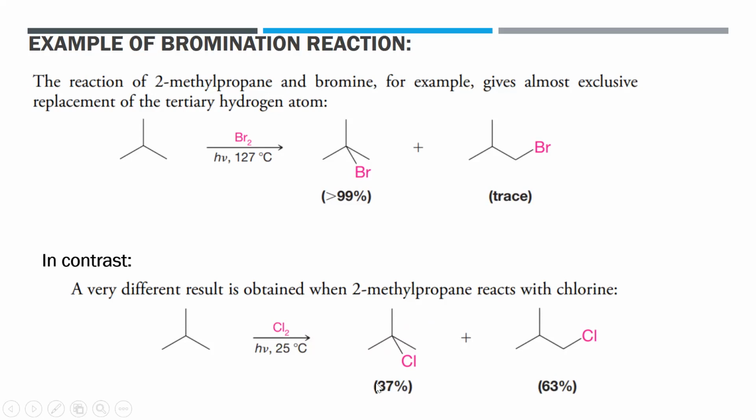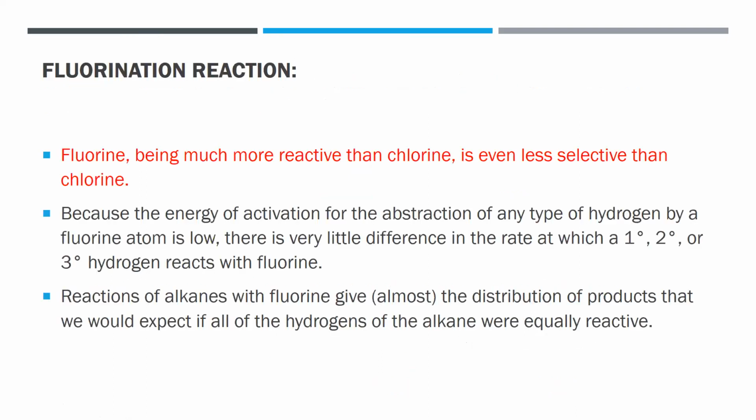But we actually get a higher proportion than 10% as predicted, for the reason that the 3-degree radical being formed in the process is much more stable than a 1-degree radical. So that is for the bromination. We had the chlorination, we had the bromination, and bromination is more selective than chlorination.